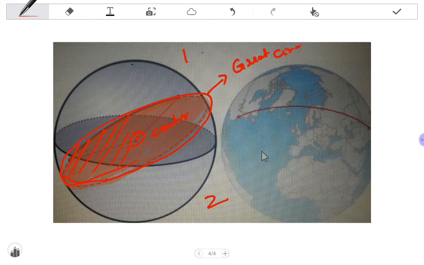So what happens if I draw another circle somewhere on the earth which doesn't pass through the center of the earth? That circle will also have a plane, but the center is here.